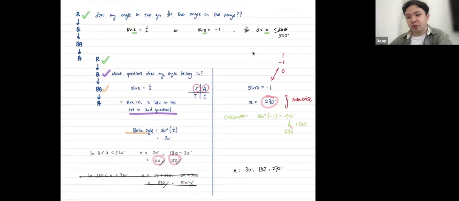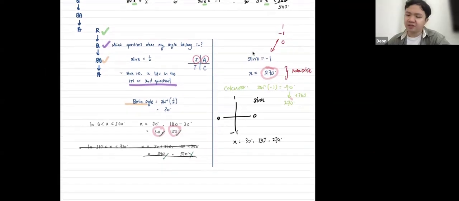How do you know sine x equals -1 means x equals 270? You could look at the quadrants. For sine x, the values are 0, 1, 0, -1. If you can memorize this, good. If you cannot memorize this, just use the calculator.